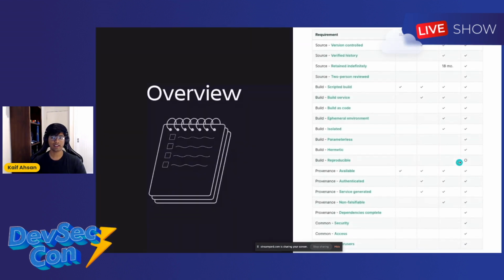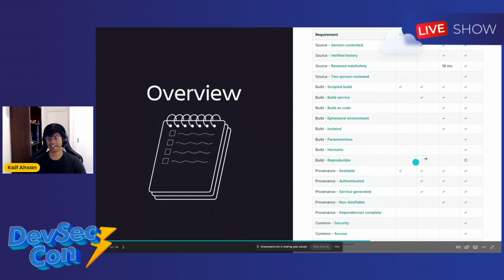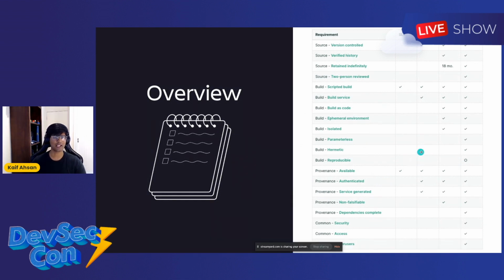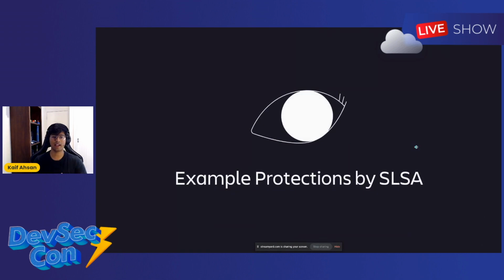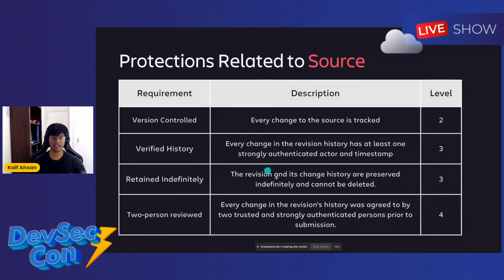And if we look at all the different things SLSA provides you, this lightning talk will become a full-blown boot camp, honestly. So we won't get to cover every single aspect of it, but we'll see how SLSA provides protections at different layers with some practical examples. Let's zoom into the source side. This slide is very content heavy.